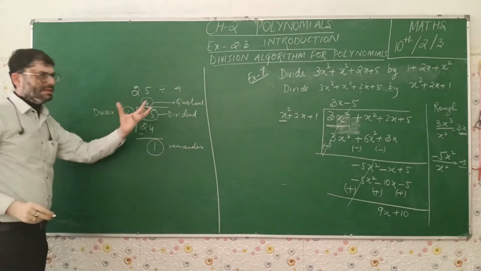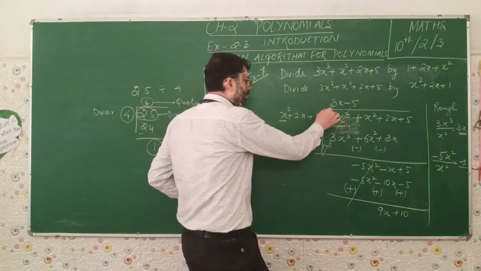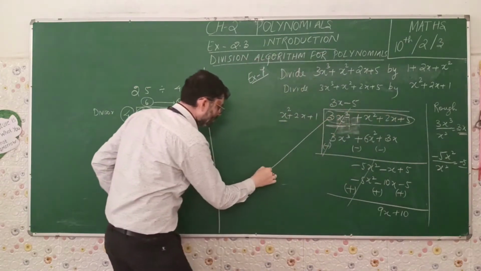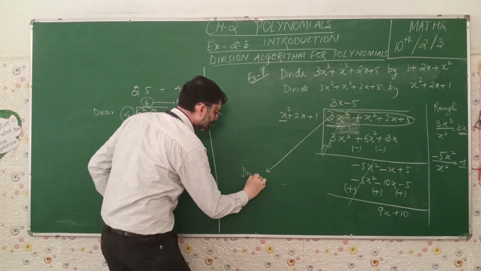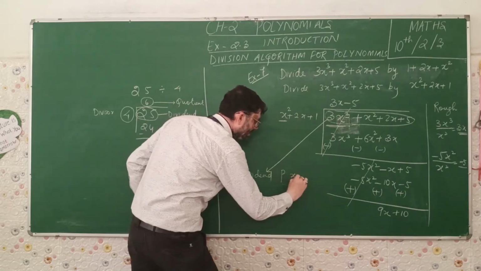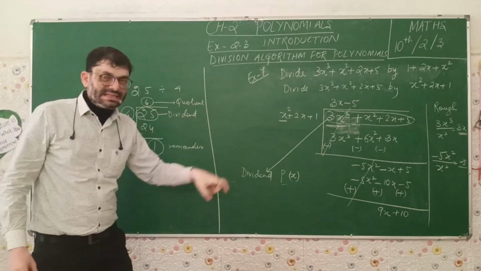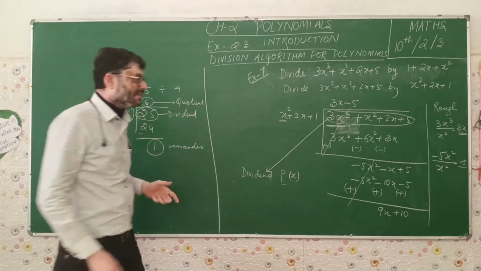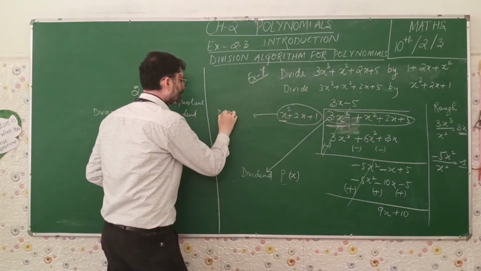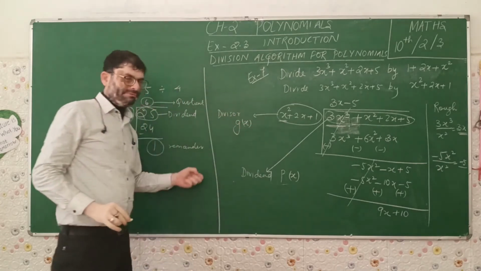The same concept is used there also. Here, the polynomial that is to be divided, this is considered to be my dividend, and it is always denoted by, say, p of x. The polynomial that divides the dividend, that is what we are calling a divisor, given by the name, say, g of x.